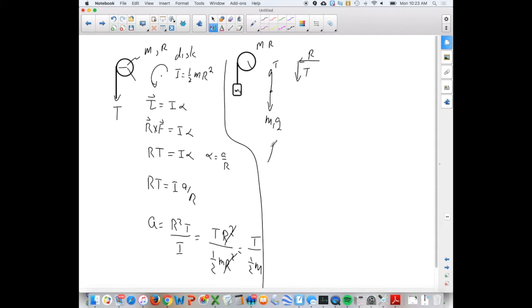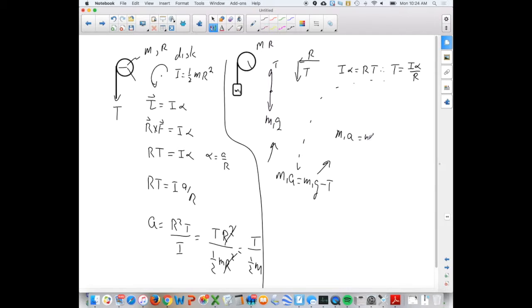This free body diagram here gives me M1A is M1G minus T, and this gives me I alpha is R times T. I can rewrite that as the tension is I alpha over R. I'm going to take that tension and plug it into this equation, and I'm going to have the following result.